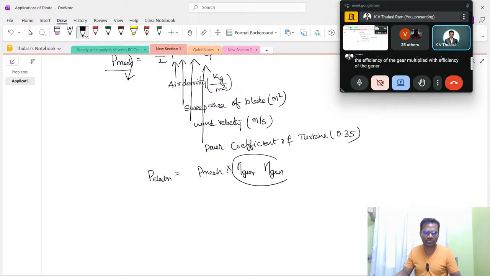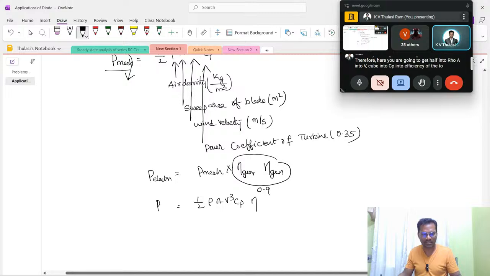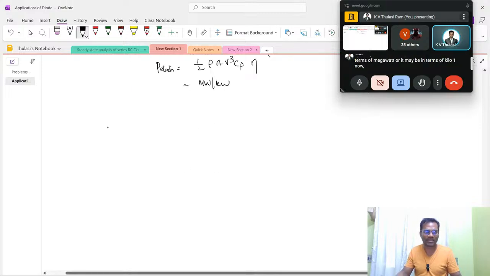These two I can treat as the efficiency of the gearbox and generator, which is 0.2. Therefore, you are going to get half into rho A into V cube into Cp into the efficiency of the total system as the electrical power, and this may be in terms of megawatt or kilowatt. Now let us do a problem based on this.